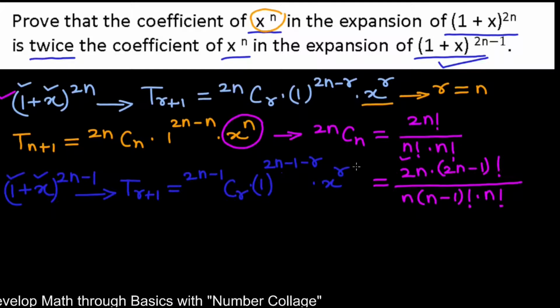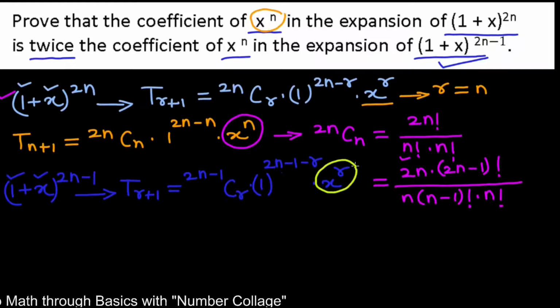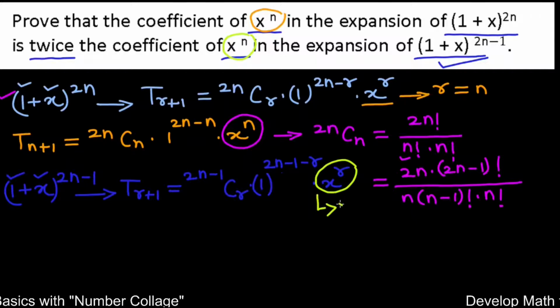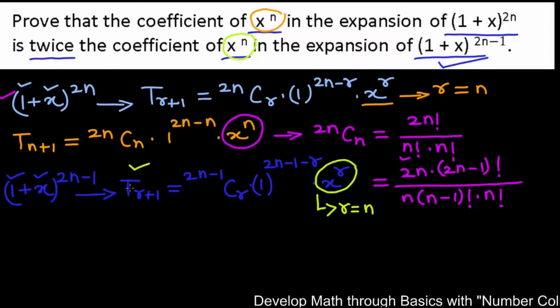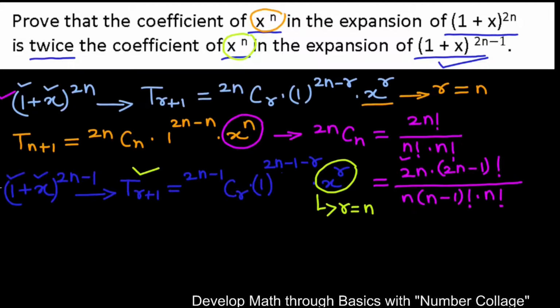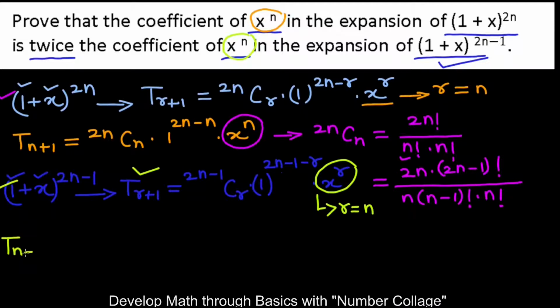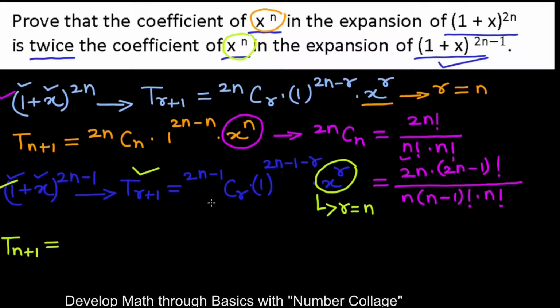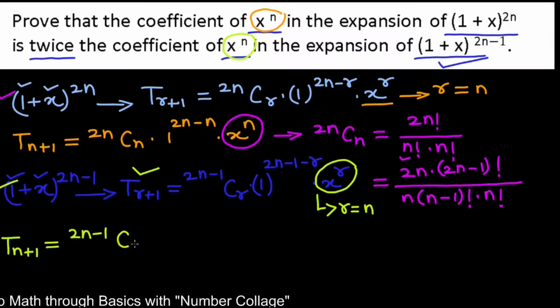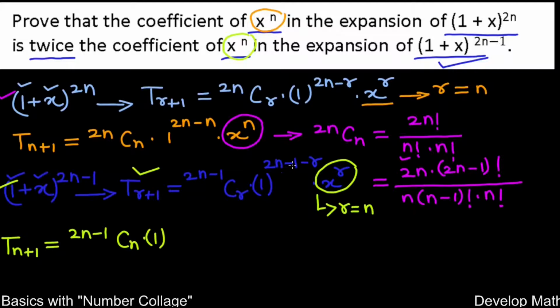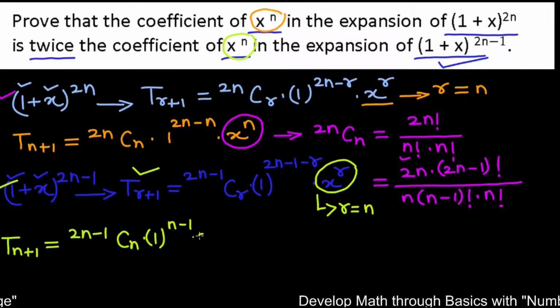Here also we can compare this x raised to r with x raised to n. That gives us r equals n. So this general term of this expansion will become T(n plus 1) equals (2n minus 1) C n into 1 raised to 2n minus 1 minus n, that will be n minus 1, into x raised to n.